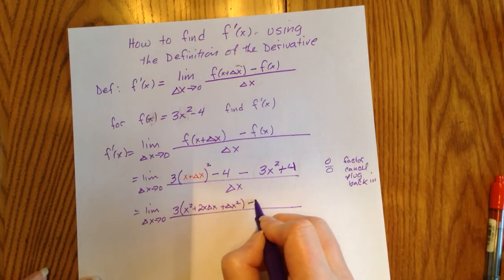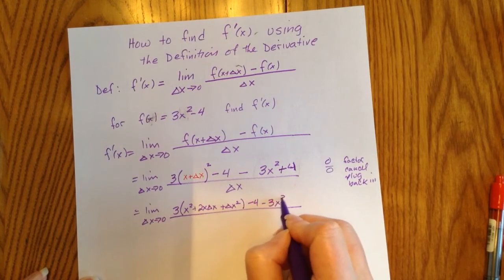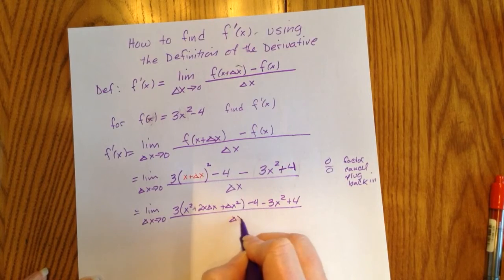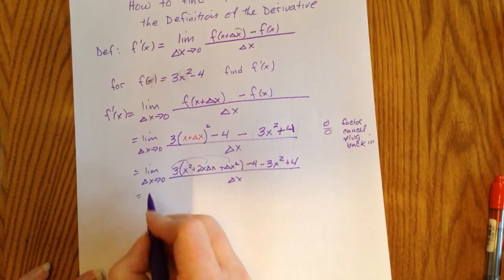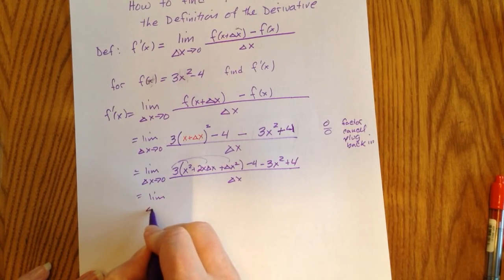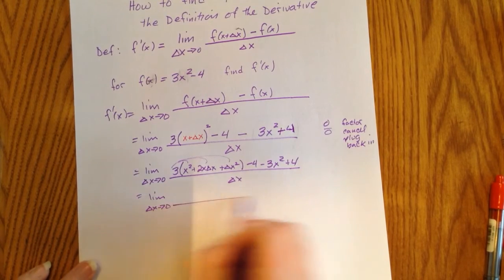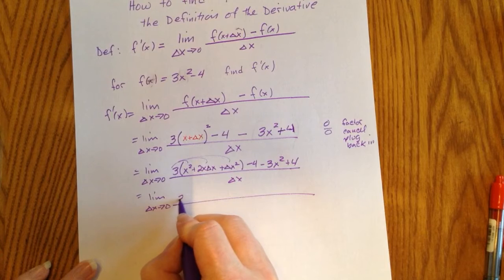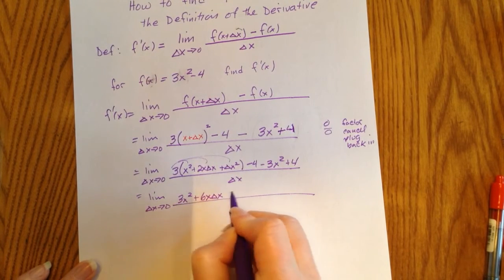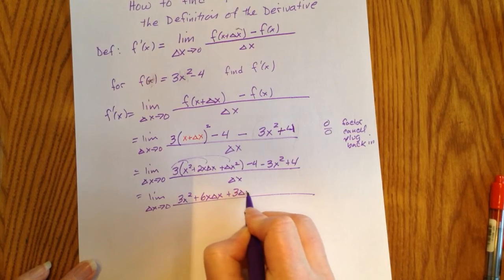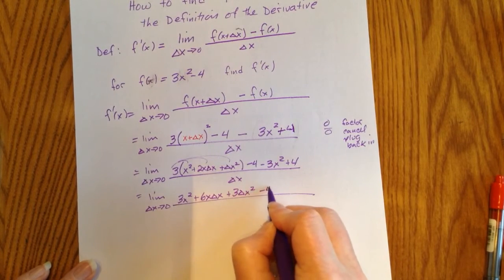Then the minus 4, then the minus 3x squared plus 4, all over delta x. Distribute, distribute, distribute. This is fun. Woo! Distributing through, 3x squared, 6x delta x, 3 delta x squared. Bring it down, bring it down, bring it down.